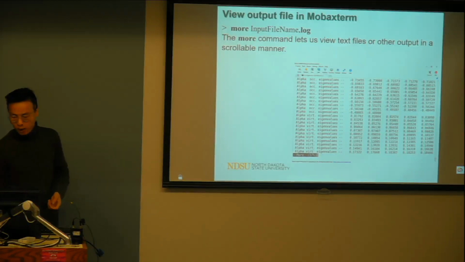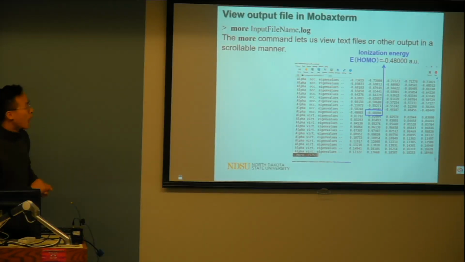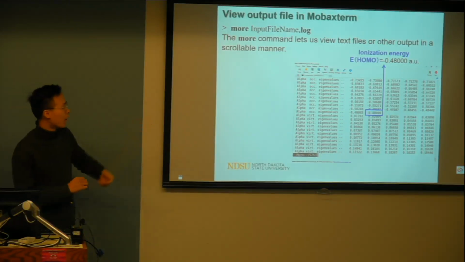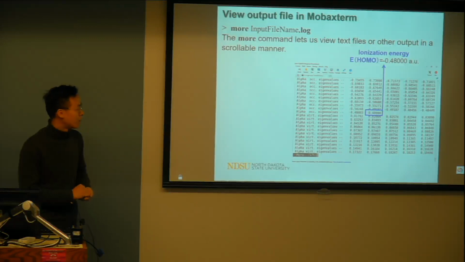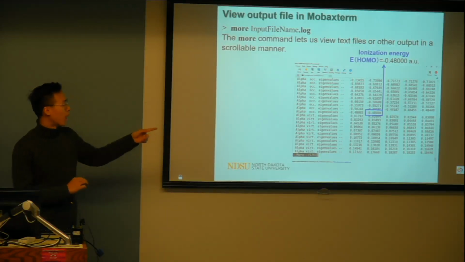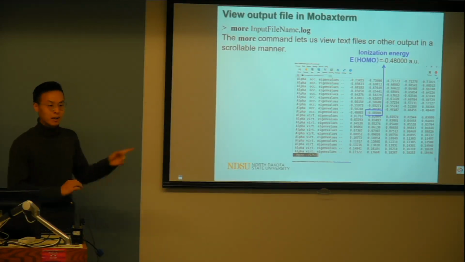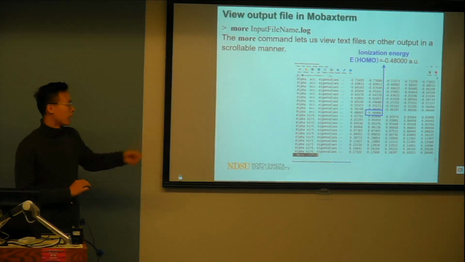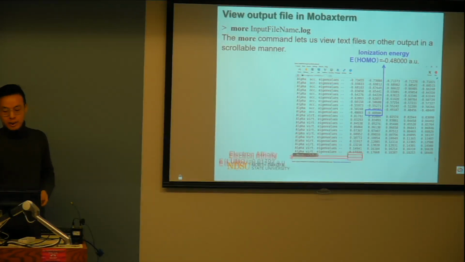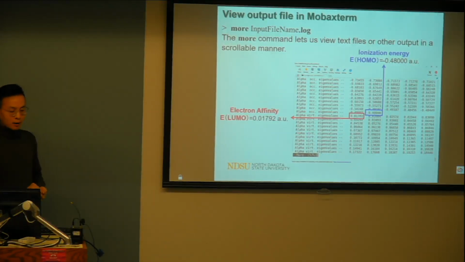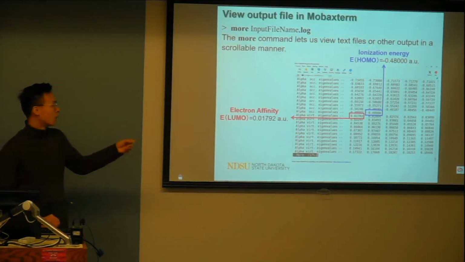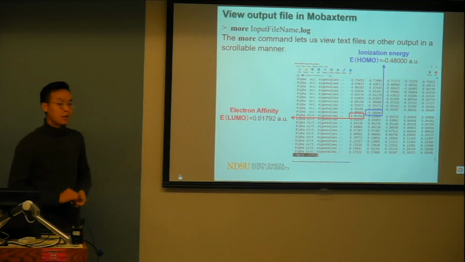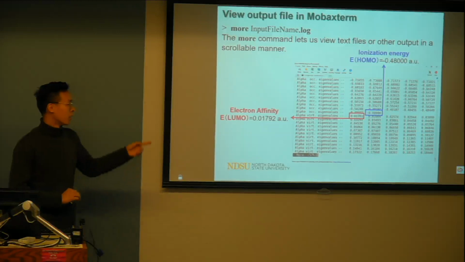We can also get the HOMO energy of this model. The HOMO energy is the last value of the occupied eigenvalues, and the LUMO energy is the first value of the virtual eigenvalues.